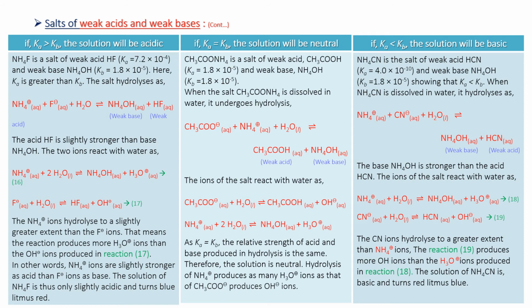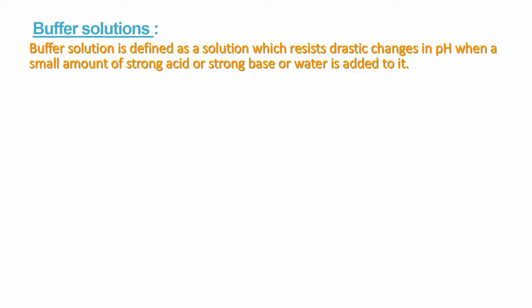We start with the next slide, that is buffer solution. Now what is a buffer solution? It is a solution which resists drastic change in pH when a small amount of strong acid or strong base or water is added to it.